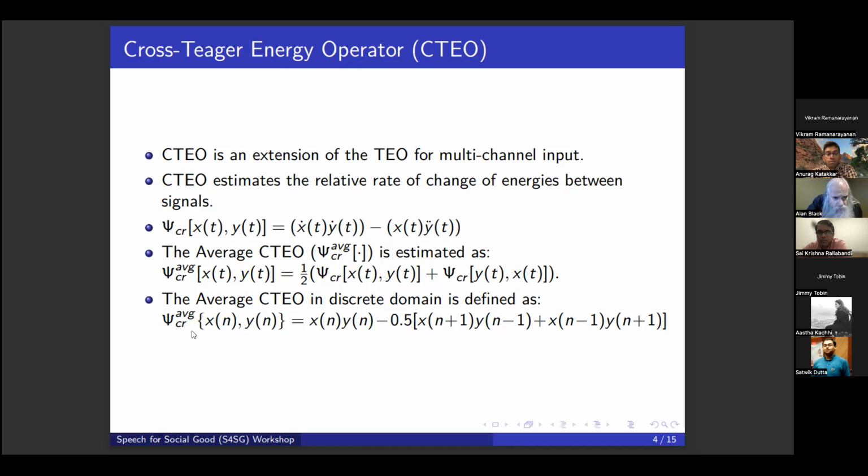However, the cross-trigger energy is not commutative. Hence, we take the average, which is expressed as psi of cross-trigger energy over the average of x of n and y of n equals x of n into y of n minus 0.5 into x of n plus 1 into y of n minus 1 plus x of n minus 1 into y of n plus 1.